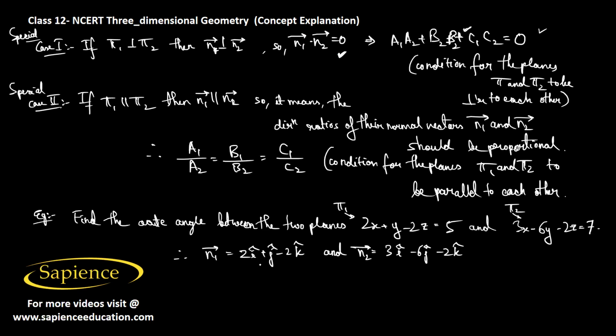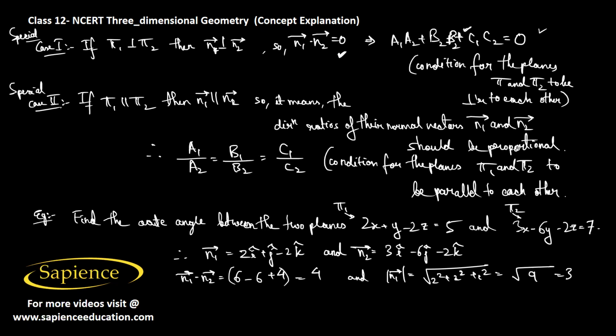Then their dot product n1 vector dot n2 vector would be equal to 2 into 3, that is 6, then plus 1 into minus 6, that is minus 6, then plus 4. So that would be equal to 4. And magnitude of n1 vector would be equal to square root of 2 square plus 1 square plus 2 square, that is 4 plus 1 plus 4, that is 9, so that is 3.